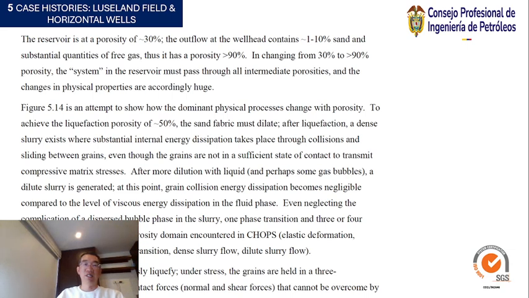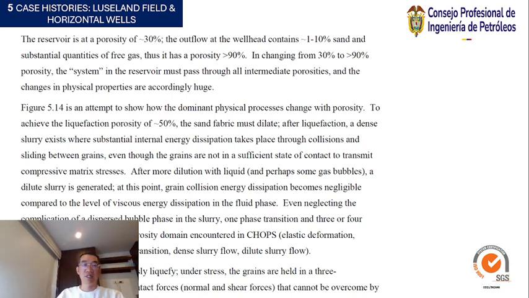Figure 4.14 is an attempt to show how the dominant physical processes change with porosity to achieve the liquefaction porosity of about 50%. The sand fabric must dilate after liquefaction.